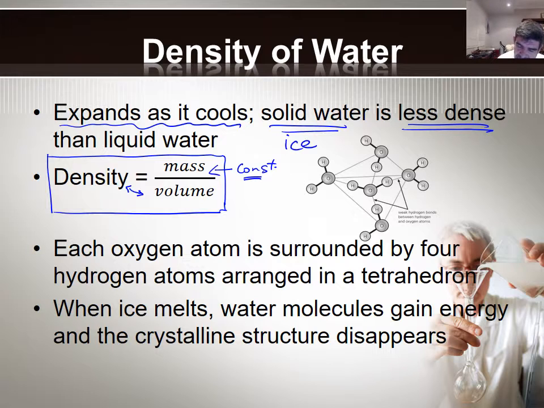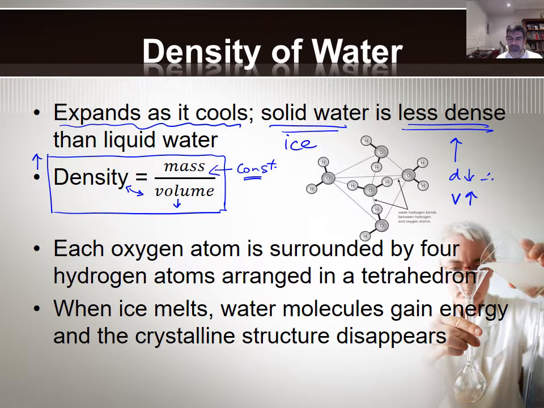Generally speaking, if the volume is smaller, that is, if we can pack that mass into a smaller volume, then as the volume goes down, the density goes up. So, to explain the observation that water is less dense, if density has gone down, it follows that volume must go up. So as water is cooling, its little molecules actually start to get slightly further apart and take up more space.